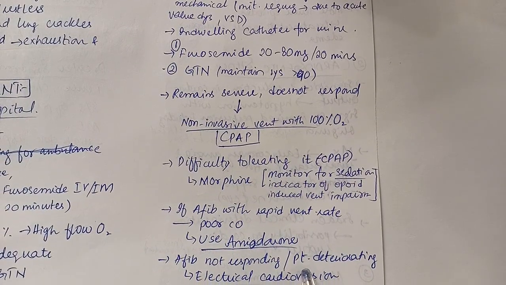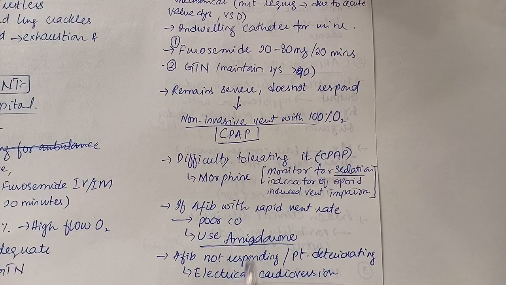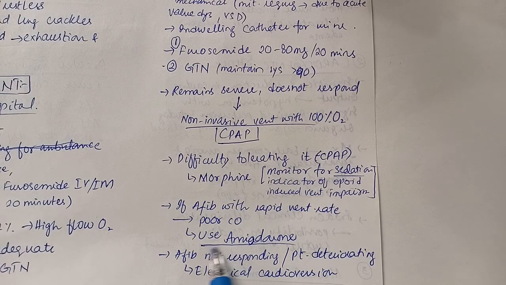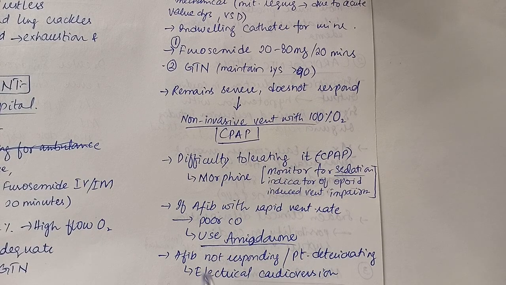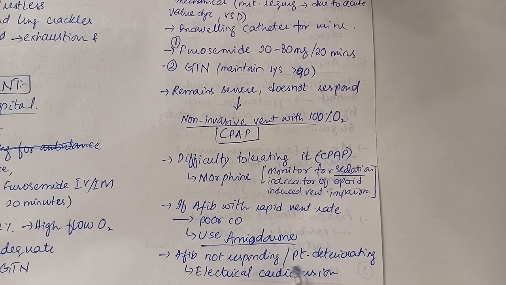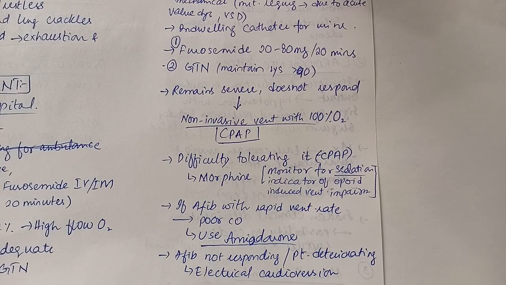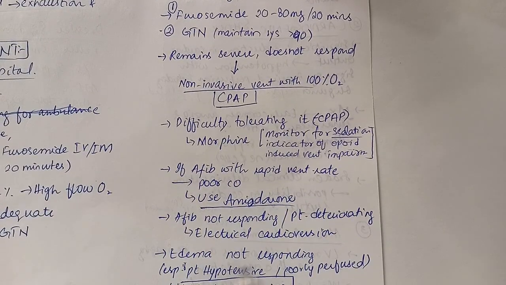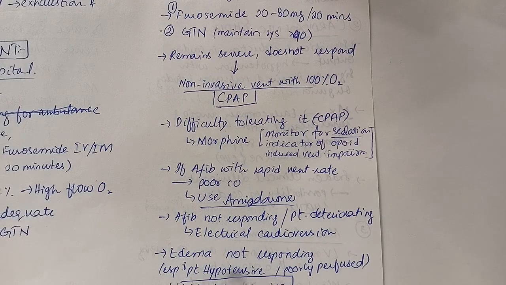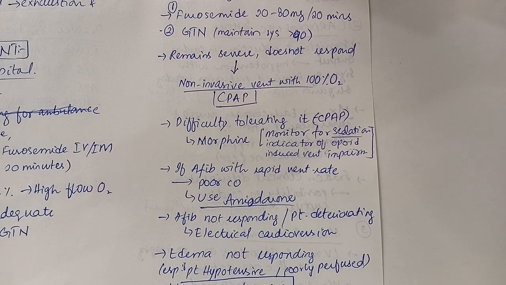If atrial fibrillation is also there with a rapid ventricular rate and poor cardiac output, we have to use amiodarone. If the atrial fibrillation is not responding and the patient is deteriorating, we have to do electrical cardioversion. If the edema is not responding, especially if the patient is hypotensive and poorly perfused, we have to add dobutamine and treat the hypotensive patient as cardiogenic shock.